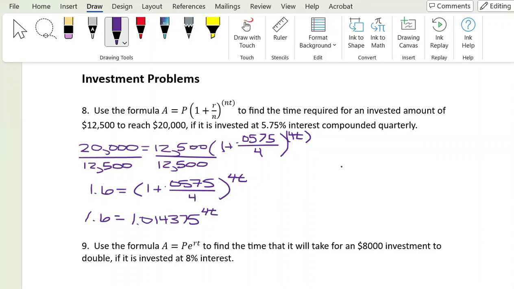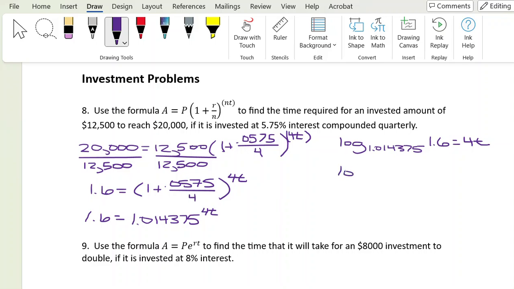Now we can use our logarithms. So this is going to be log, my base, 1.014375, and then the next number in the log is going to be the 1.6. And that's going to equal 4t.